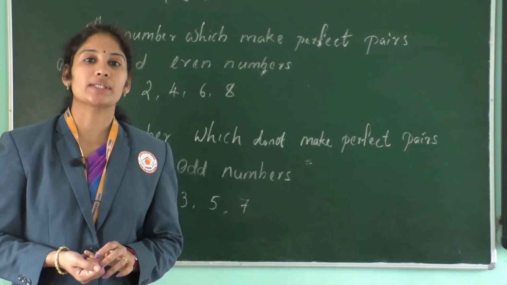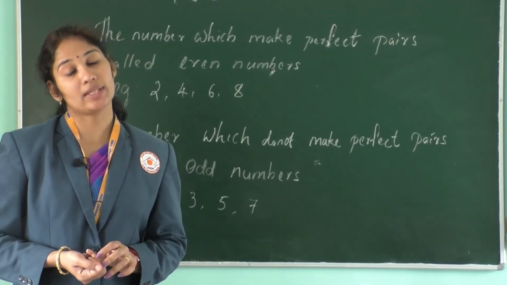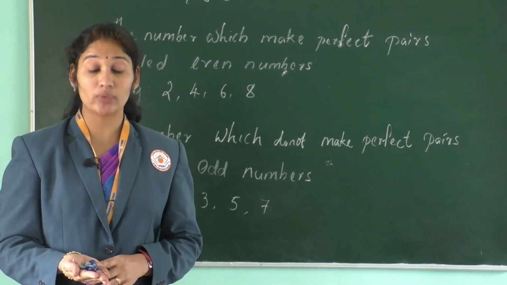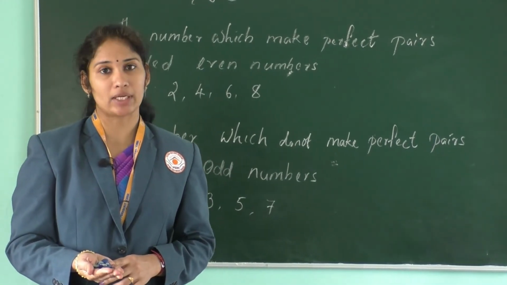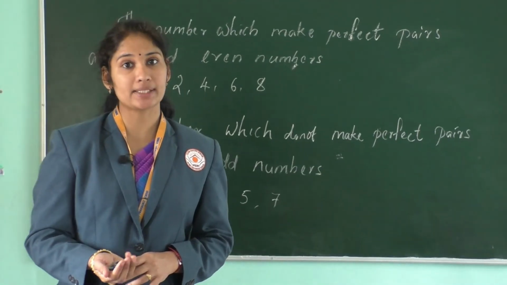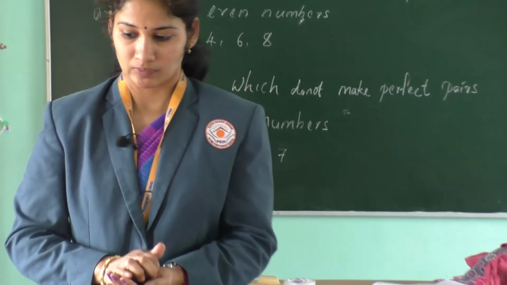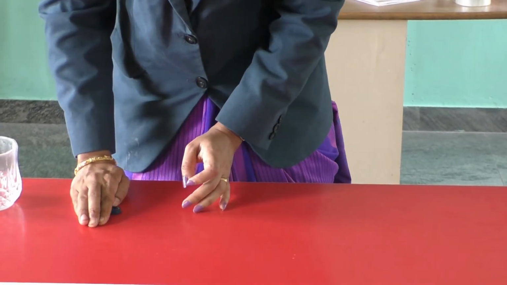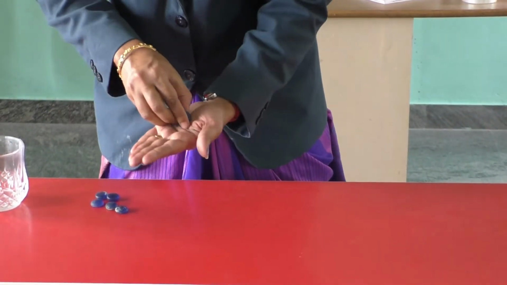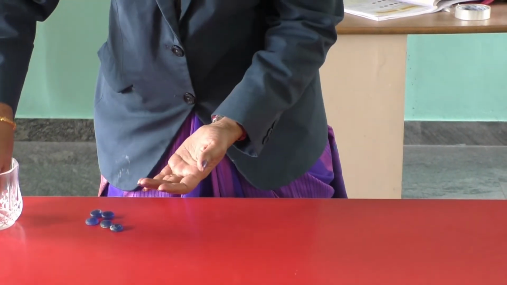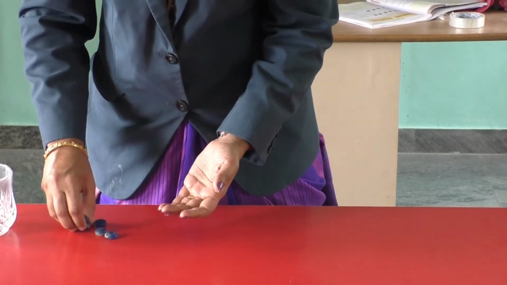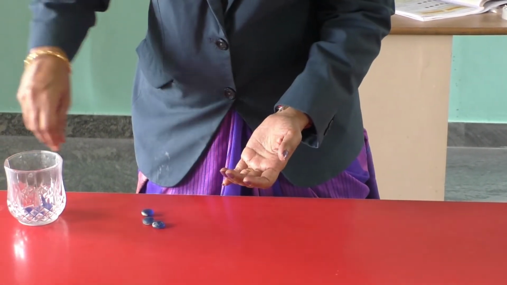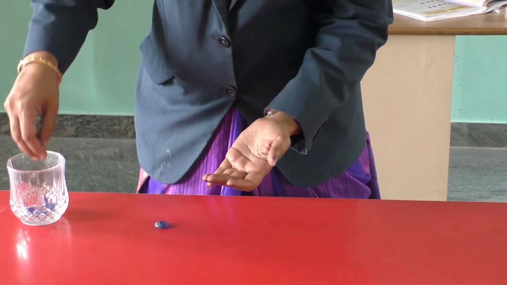Children, we will demonstrate odd and even numbers with an example. I have a few pebbles. I don't know whether they are odd or even in number. Let's make them into pairs and check. 2, 4, 6.